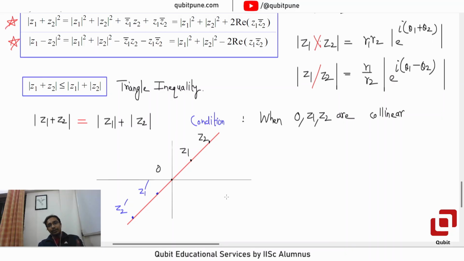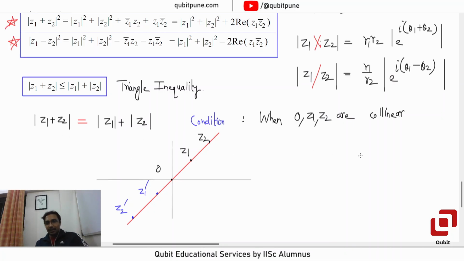Now I want to ask you a question. Will that equality be satisfied if the origin lies in between the two complex numbers? No. For example, if z1 prime is negative of z1, then the sum will be 0, but none of the mods are 0.